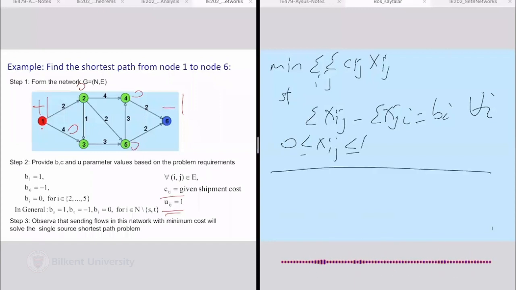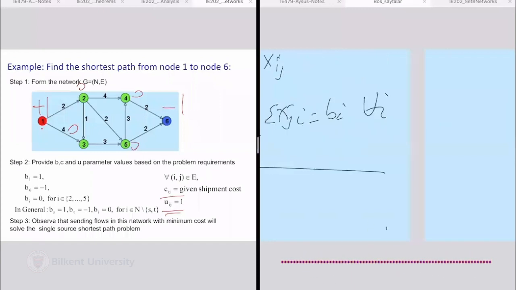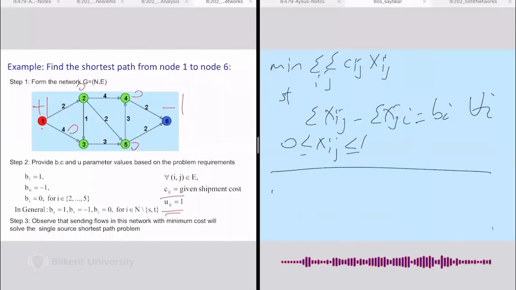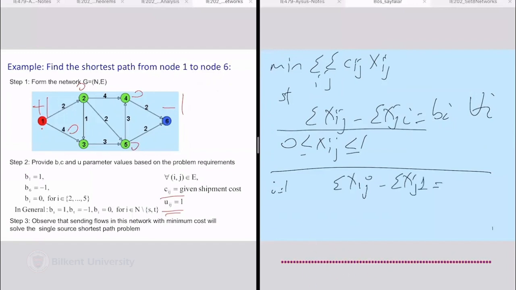Now, for this specific problem, if i is 1, this constraint will say summation x1j minus summation xj1 will be equal to plus 1. Now, look at my network. There is no arc j1, so I can't have this, right? So this will immediately say from node 1, dispatch 1 unit.